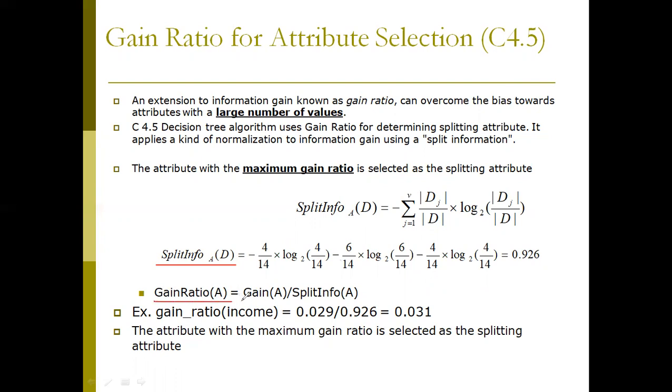After calculating the split information, we are going to calculate the gain ratio. What is the gain ratio? Gain ratio for a particular attribute equals the information gain of that attribute divided by the split information of the attribute. Now what is our attribute? Our attribute is income. Then gain ratio for income equals the information gain of income divided by the split information of income, which is 0.926.